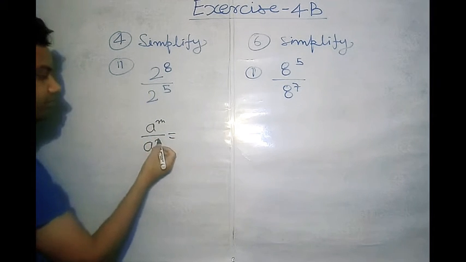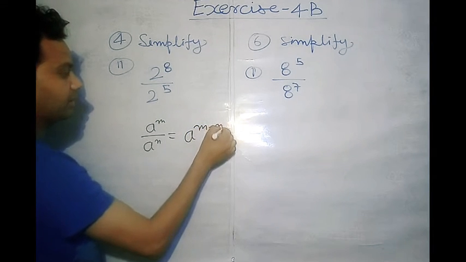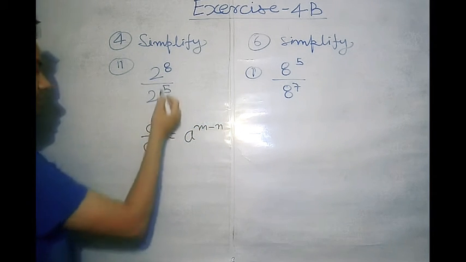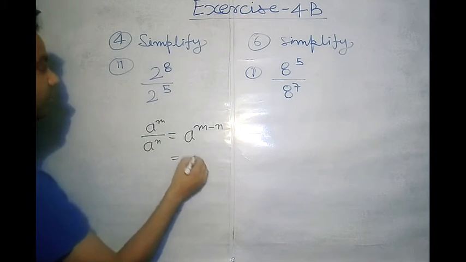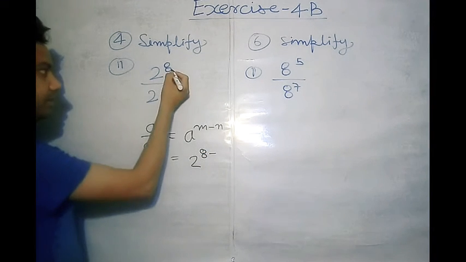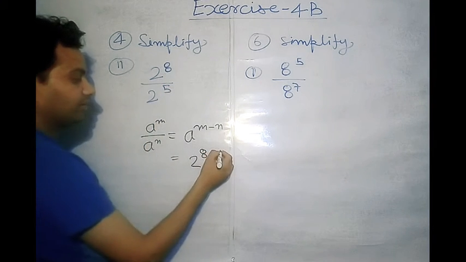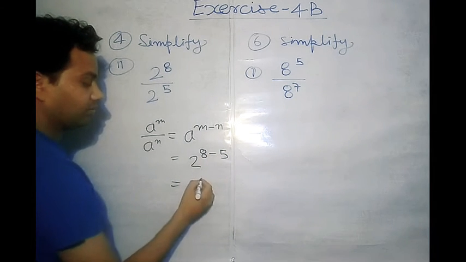So what is the rule for this? It is a raised to the power m minus n. We have to write it as 2 raised to the power m minus n. This is m and this is n. 8 minus 5, so it equals 2 raised to the power 8 minus 5, which equals 3.